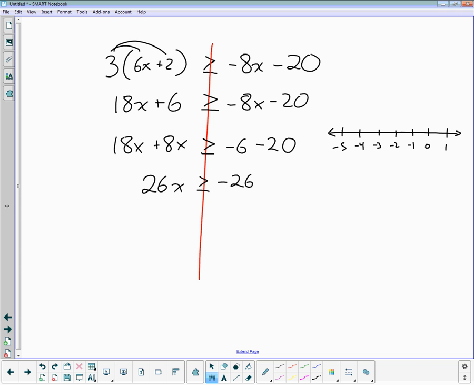That doesn't matter. It's just this guy, the only thing I'm talking about. That's the thing that matters, not the right. So since this is a positive number, it doesn't do anything to the symbol, and we get x.